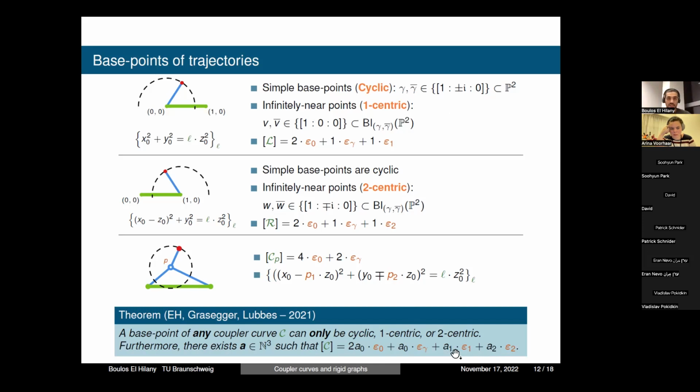So this means that to describe any coupler curve, we need just three integers: one corresponding to the degree, one for the multiplicity of the one-centric point, and one for the two-centric point. Are there any questions about this statement?